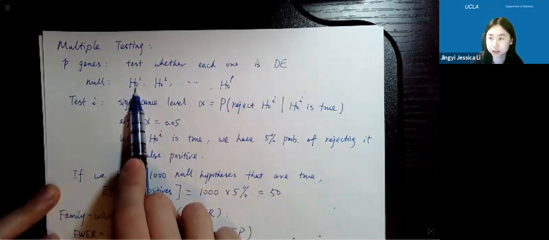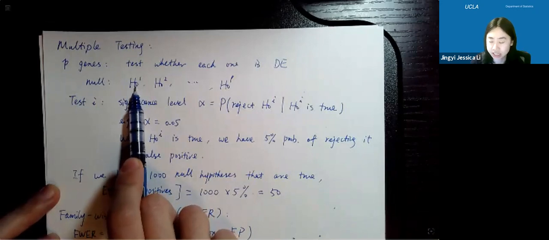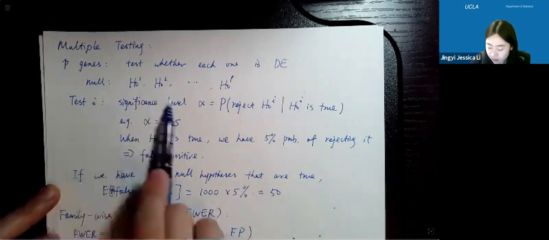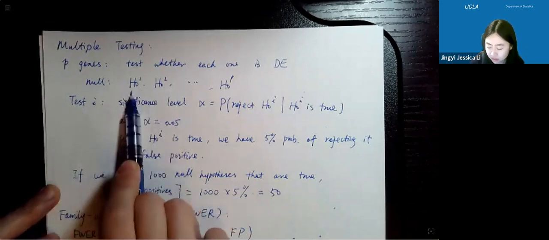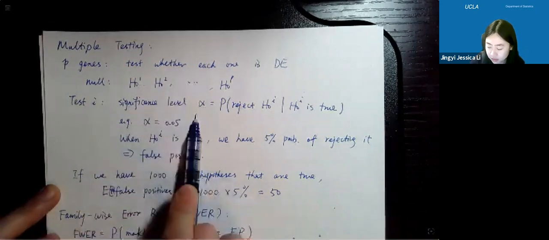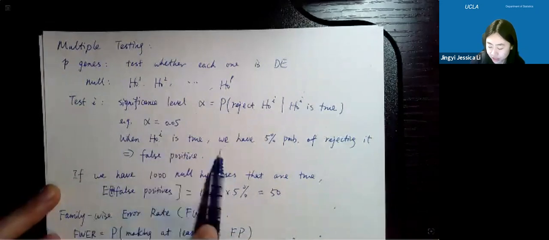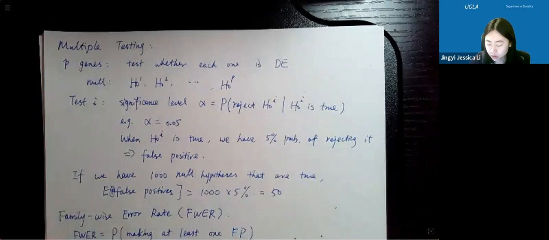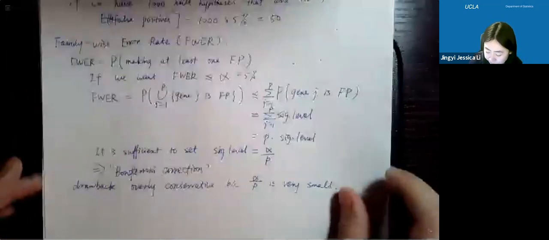The null hypothesis is always that the gene is not DE, and if we reject the ith null hypothesis, we would call the ith gene DE. So here there's a definition of true positives, true negatives, false positives, and false negatives. We will start from there today.